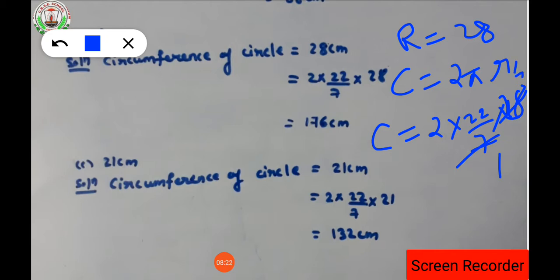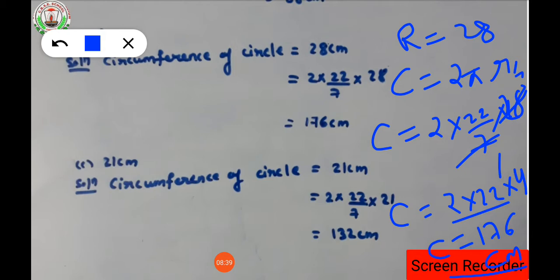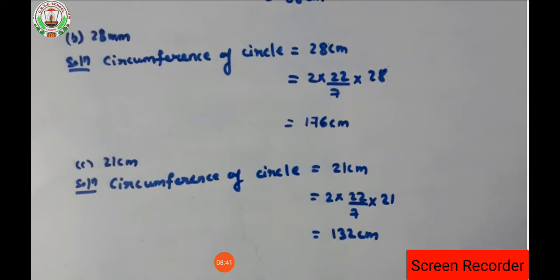So 7 4s are 28. So circumference of a circle is 2 into 22 into 4. Clear? So 2 into 22 is 44. 44 into 4 is how much? 176 centimeter.